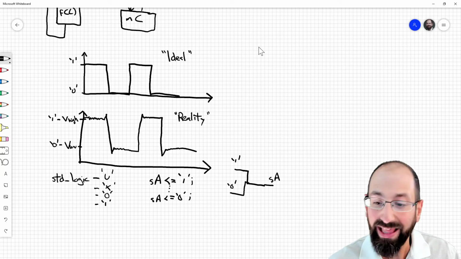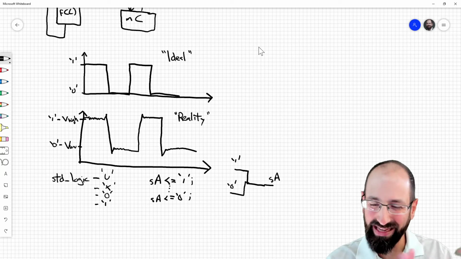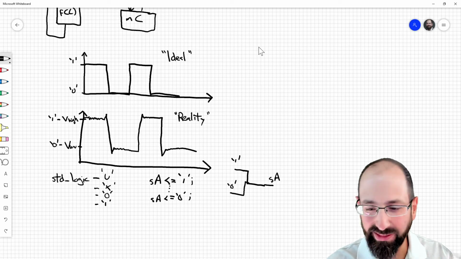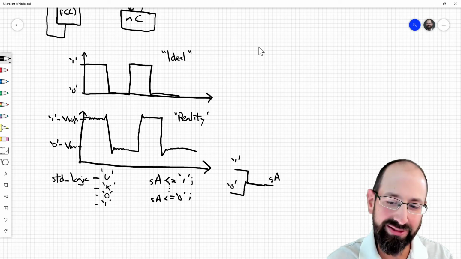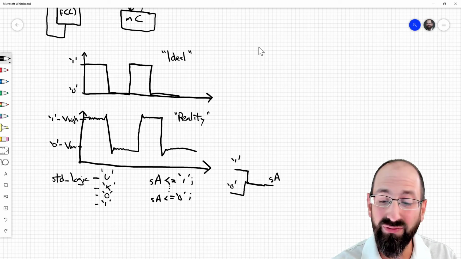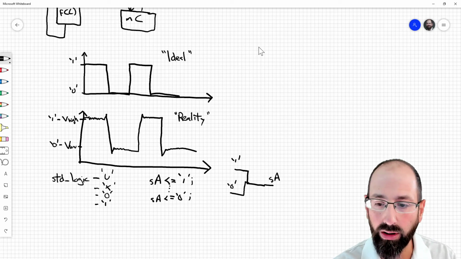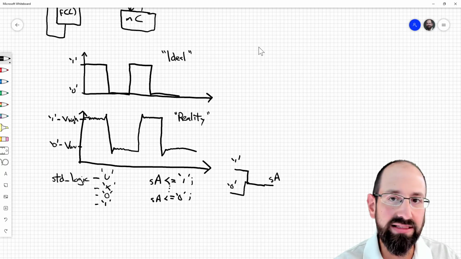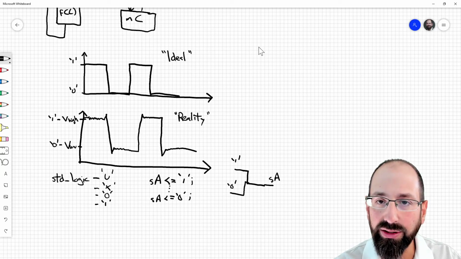Well, what should the value of that be, right? We can think of it from our EE201 perspective of adding the voltage levels together and all that sort of stuff. Either way, it's going to correspond to something that's neither the V high nor the V low in our equivalent analog implementation. And we're going to model that, and you're going to see it a lot as our so-called X value here.